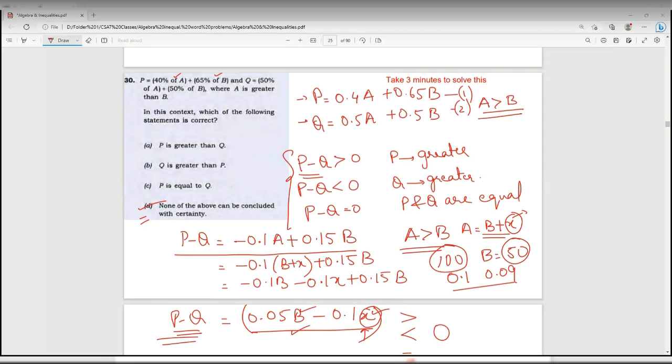If things are coming out, you can select the answer and move on. But sometimes there may be two options that are equal. In that case, you have to take another example to finally select between those two conflicting options. But in this case, none of the above is there, so we cannot take the examples here. I hope it is clear.